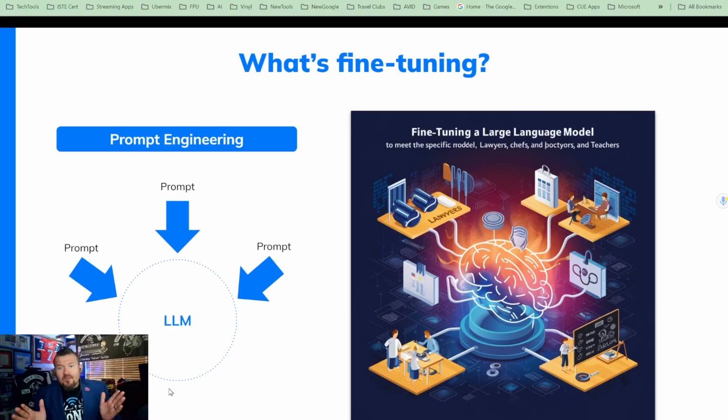For example, we are starting to see large language models being fine-tuned for specific industries, such as large language models being fine-tuned to be used in law firms, in healthcare, and in education.